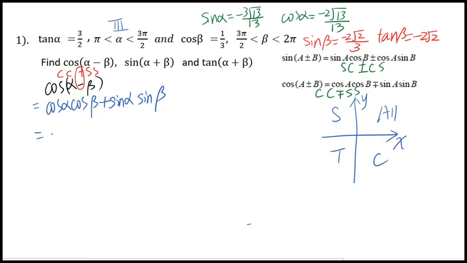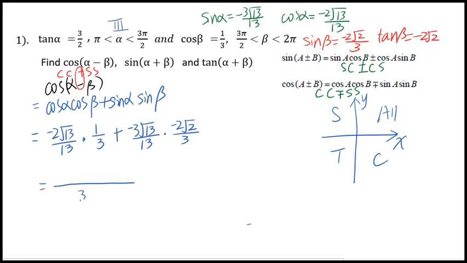So we plug in. For cosine alpha, you get -2 square root of 13 over 13. Cosine beta, you get 1 over 3. Then plus sine alpha, that's -3 square root of 13 over 13. Sine beta is -2 square root of 2 over 3. Your denominator will be 39. Then here, -2 square root of 13.